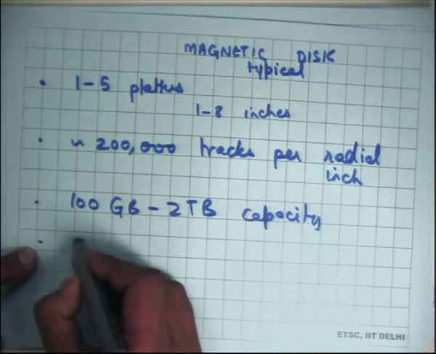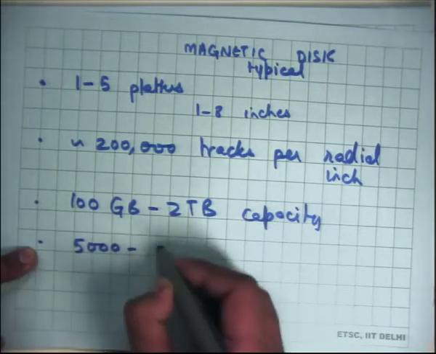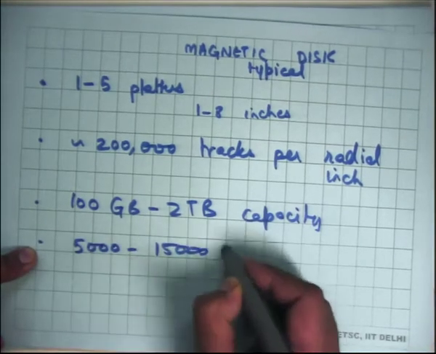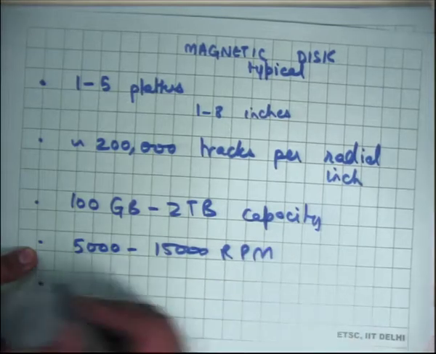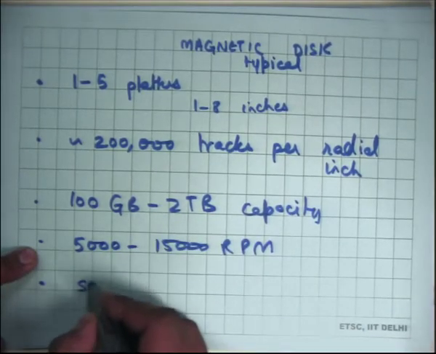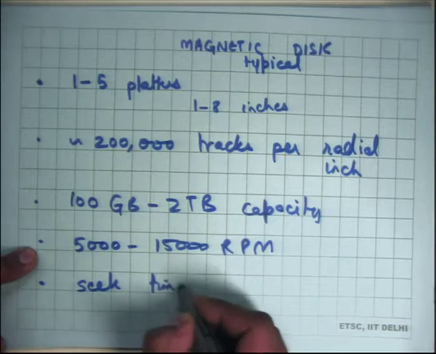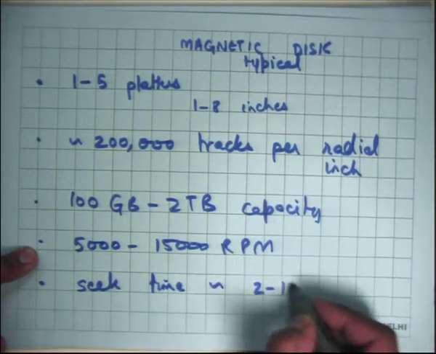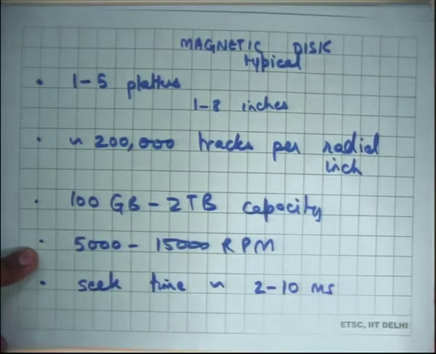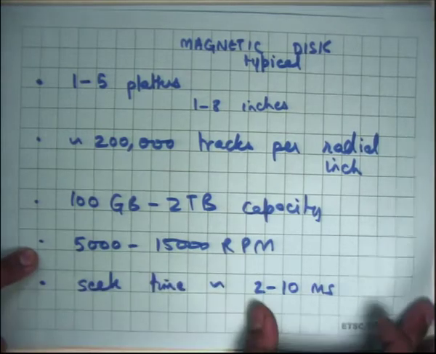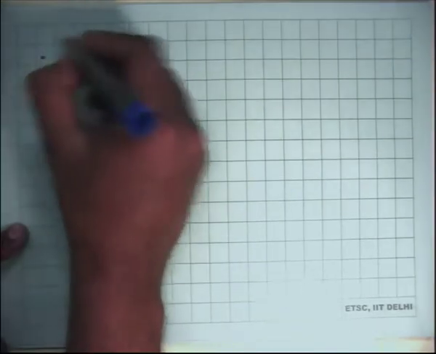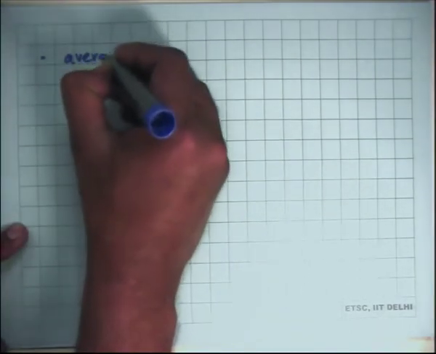We have already seen the rotational speeds. They are 5,000 to 15,000 RPM. Seek time is typically 2 to 10 milliseconds. And let's see, average rotational latency.